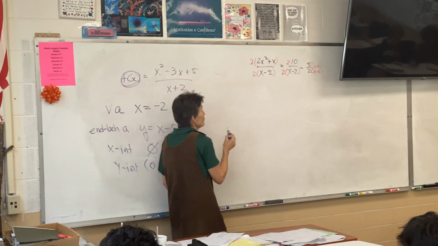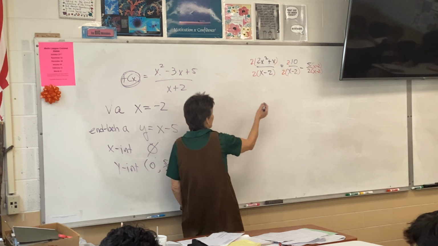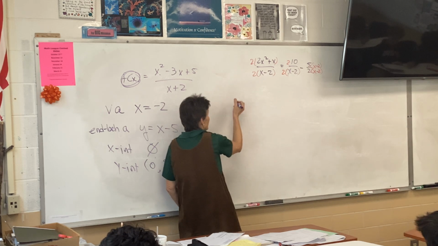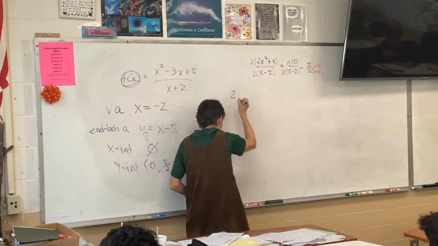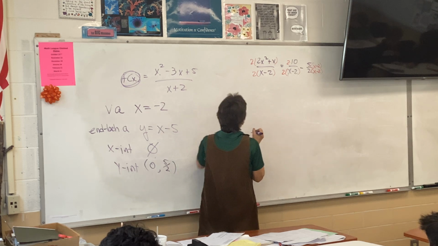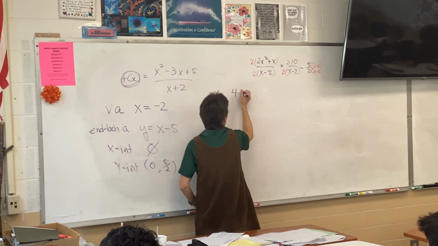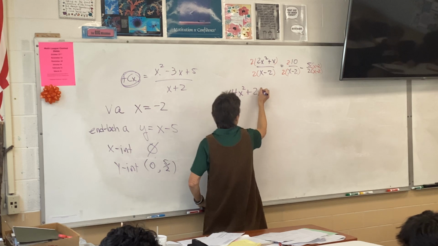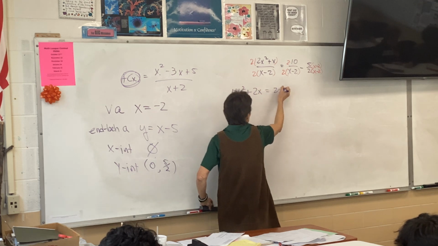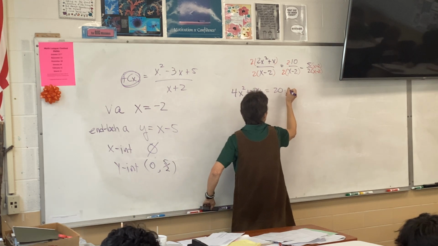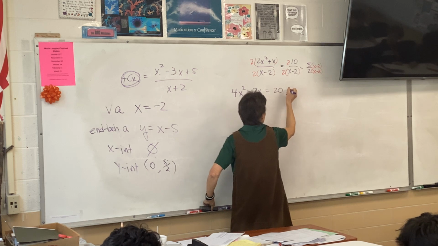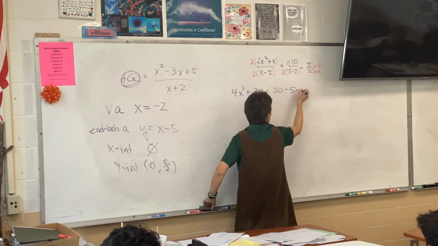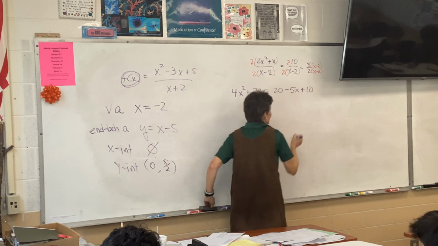As soon as all the denominators match, then I can just drop them. And I look at my numerators. 4x squared plus 2x equals 20, be careful with this one, minus 5x plus 10.